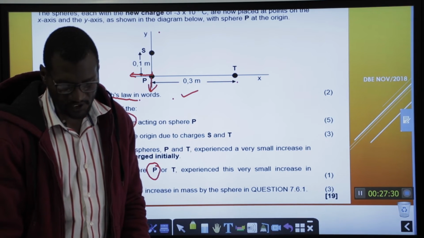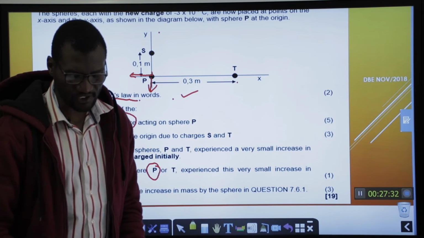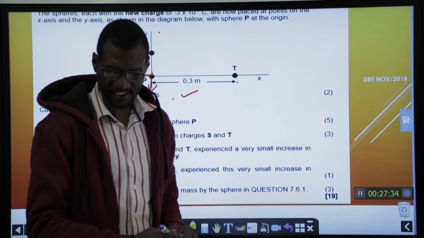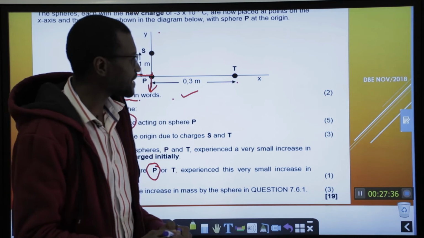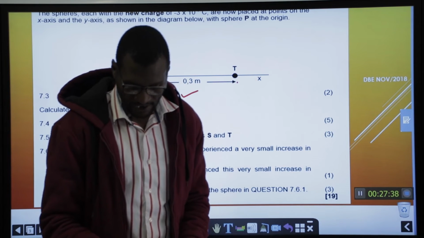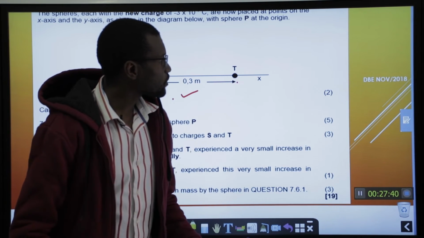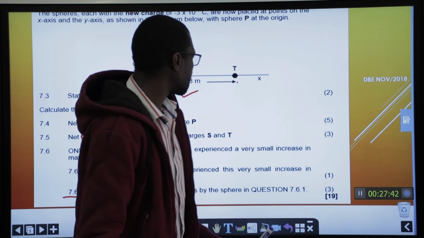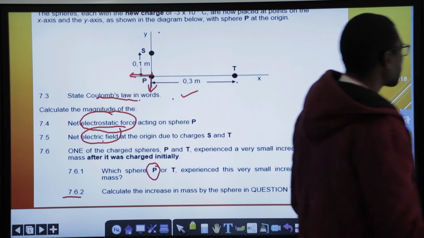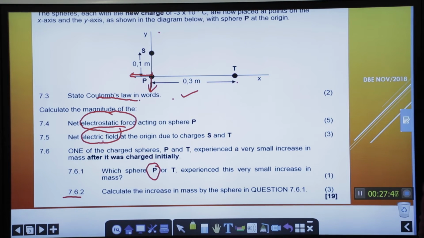So what is the mass of an electron? The mass of an electron is 9,11 times 10 to the power negative 31. So let's look for the number of electrons first. I think we've done a question that looks at the number of electrons. Let this go away and let's try calculating the number of electrons for this particular question.